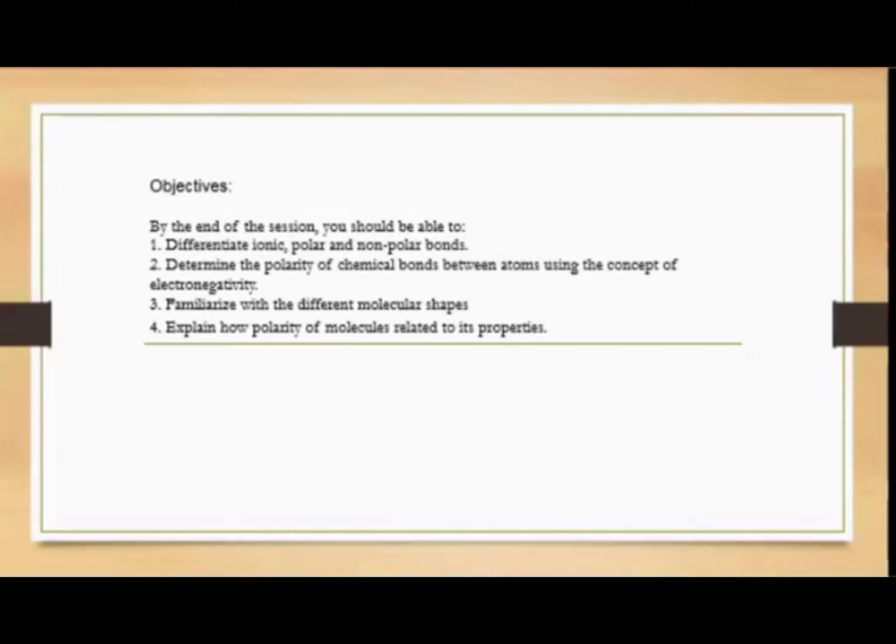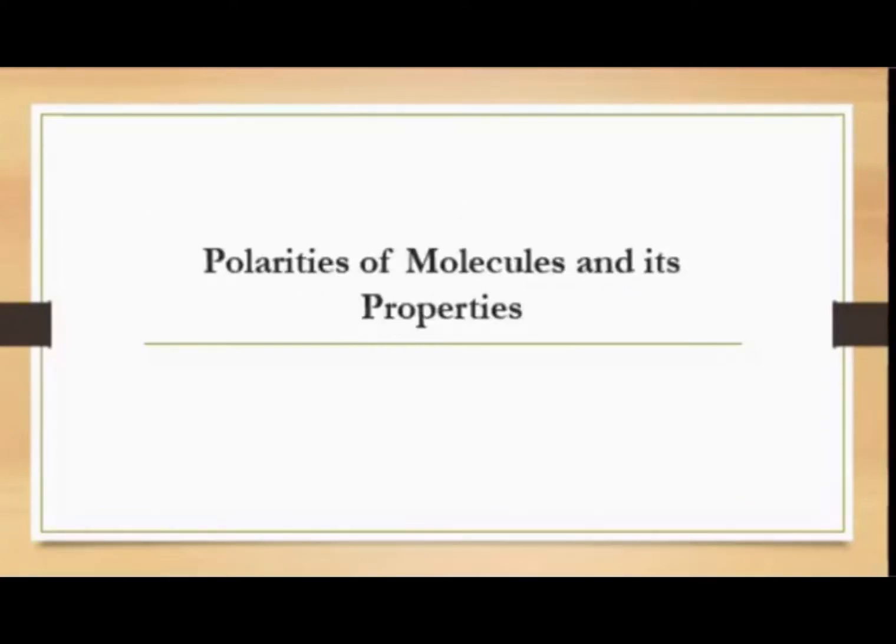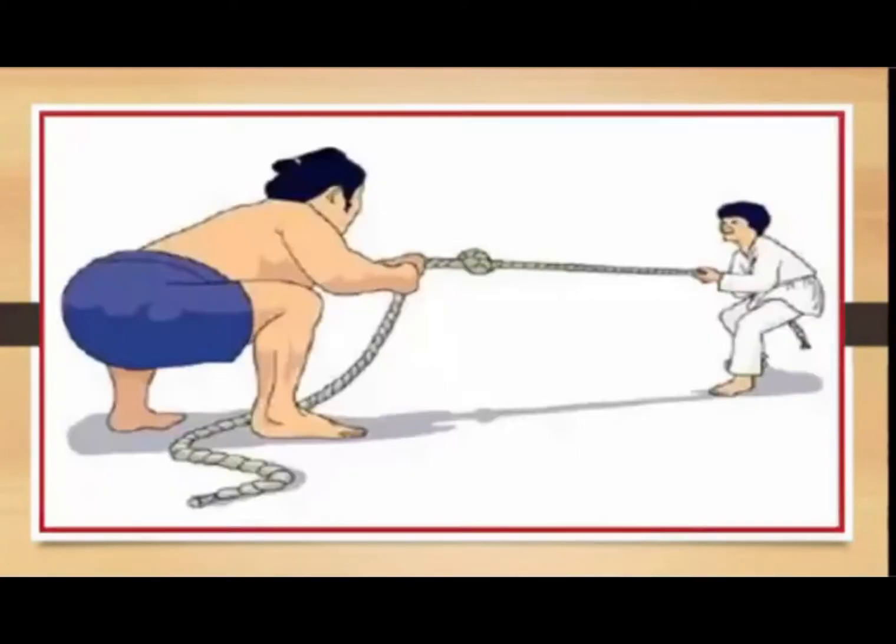Let us have this activity to assess if you still remember the said topic. You need to identify the type of bond in each picture shown on the screen, whether they are ionic bond, polar covalent bond, or non-polar covalent bond. Let us begin with the first picture. Just simply comment your answers down below.